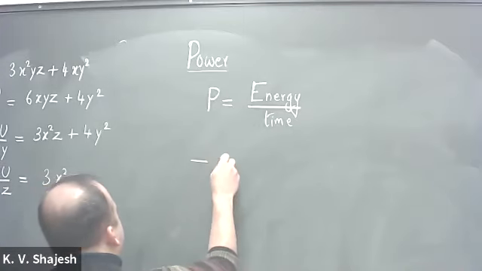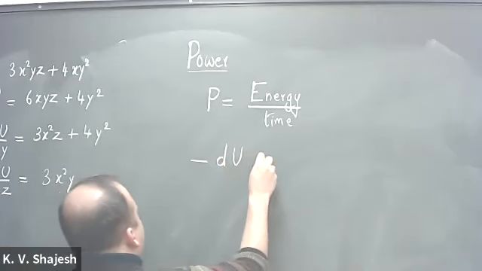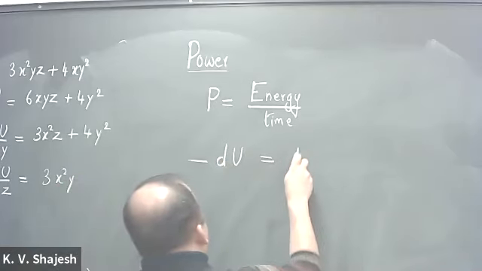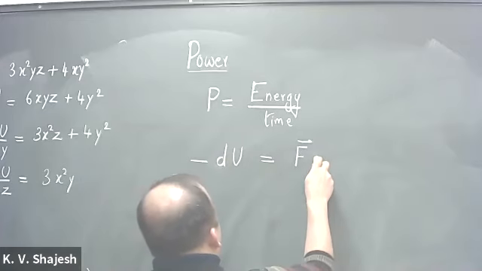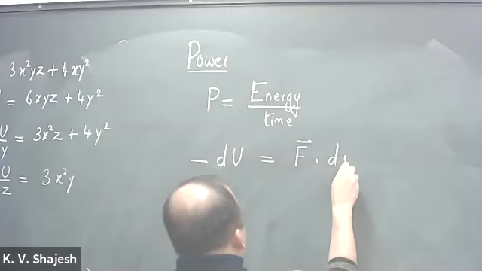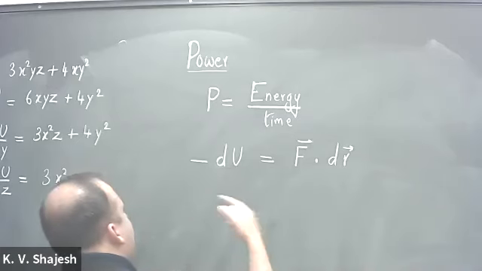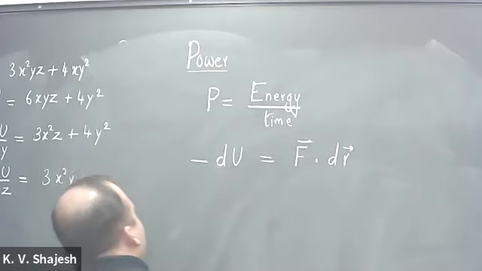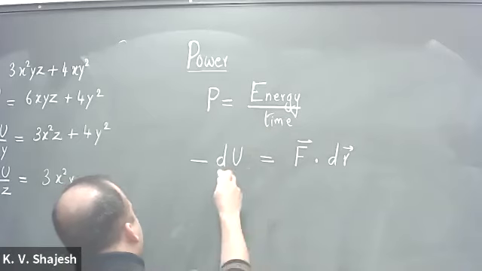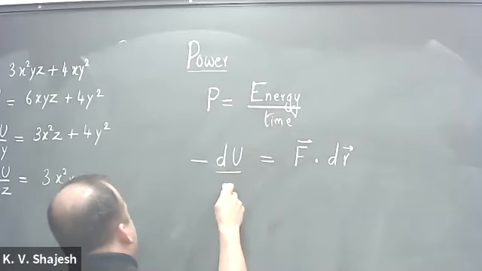We saw that negative change in potential energy as a differential statement is F dotted with the infinitesimal displacement. That's change in potential energy, and that's a force and the displacement. Power is when you divide the energy by time, but since it's a potential energy, now we can do calculus with this, and instead of dividing by finite time, I divide by an infinitesimally small time.